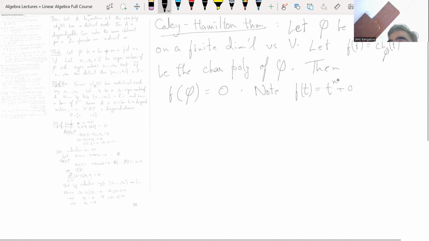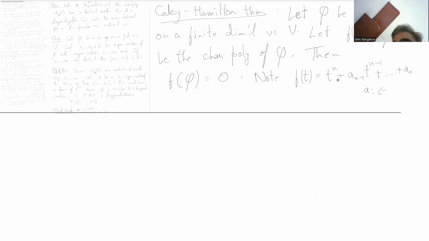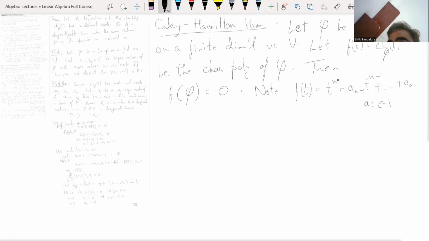We saw it looks like t to the n plus a_{n-1} t to the n minus 1 and so on, where n is the dimension of the vector space and the a_i's are in the base field F. Then f of phi is this linear map. You consider phi to the n, which is you compose phi with itself n times.